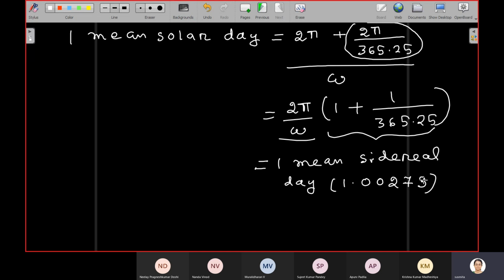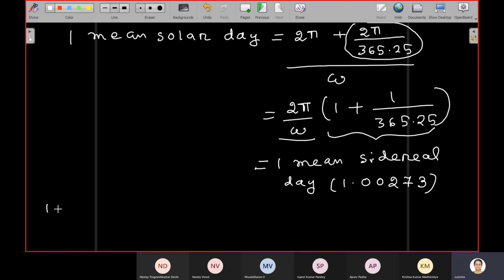We know the length of a sidereal day is 23 hours 59 minutes and 4.09 seconds, whereas the mean solar day has 24 hours. How to relate these hours, minutes, seconds when we consider these two different lengths of day?